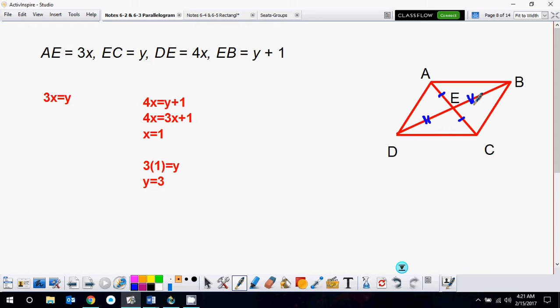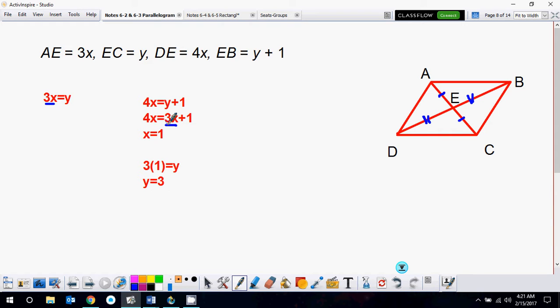Well, the issue is I've got x's and y's in both equations. So that means I'm going to have to do a little substitution. So a little throwback to Algebra 1 here. So since 4x equals y plus 1, well, I know that y was the same thing as 3x, so I can plug that in its place.